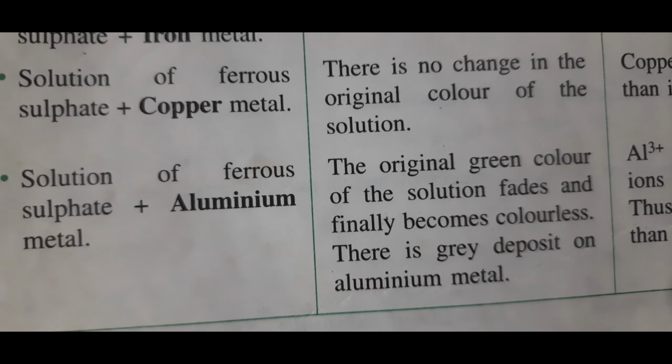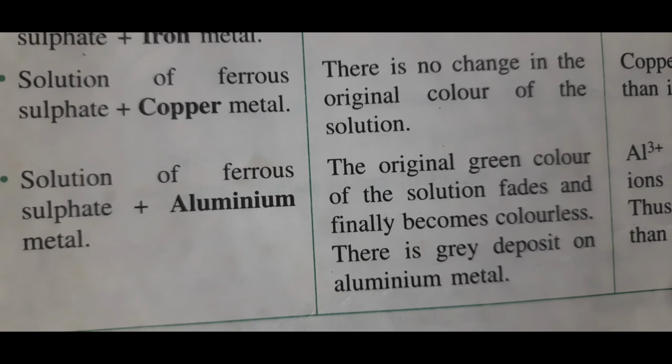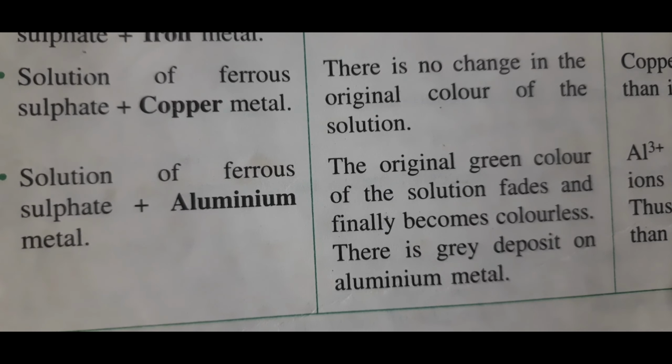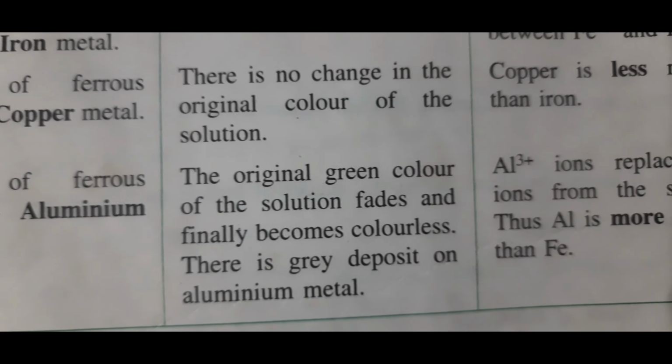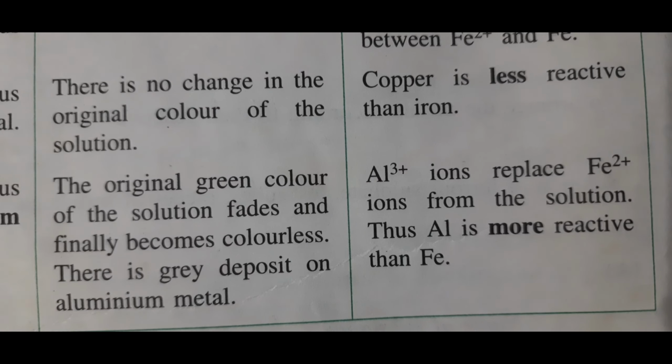There is a gray deposit on the aluminium metal. Aluminium ions replace iron ions from the solution. Thus, Al is more reactive than iron.